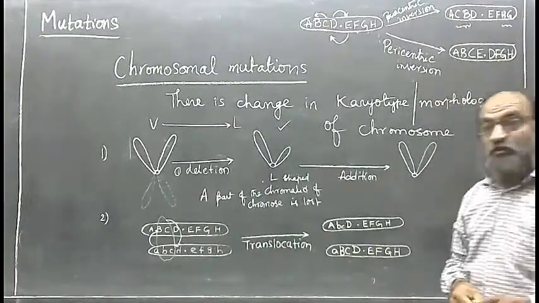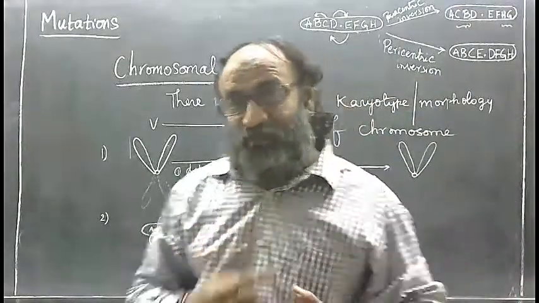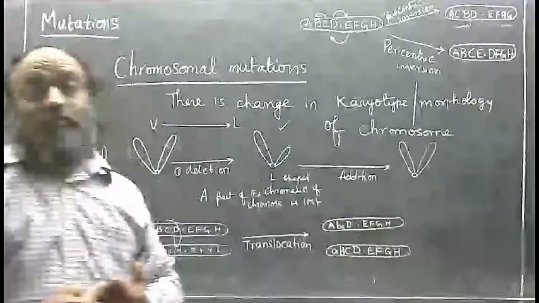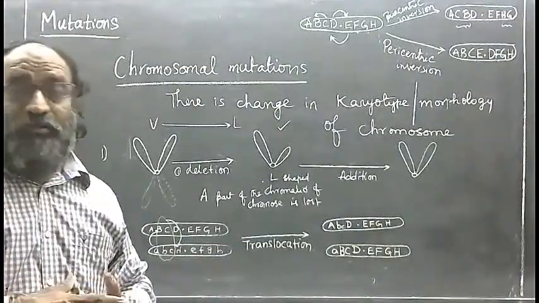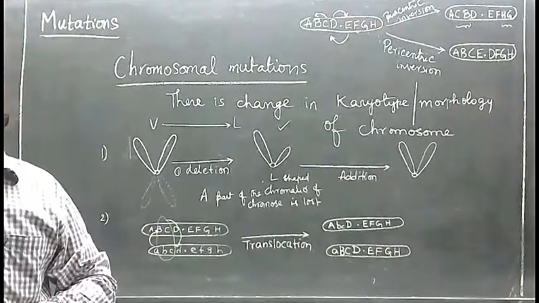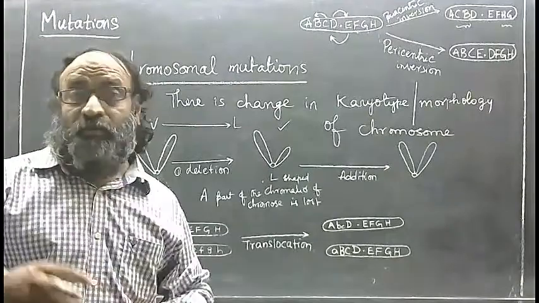So, the chromosomal mutations can be studied under addition, deletion, translocation, and inversion. And inversion may be pericentric or paracentric.